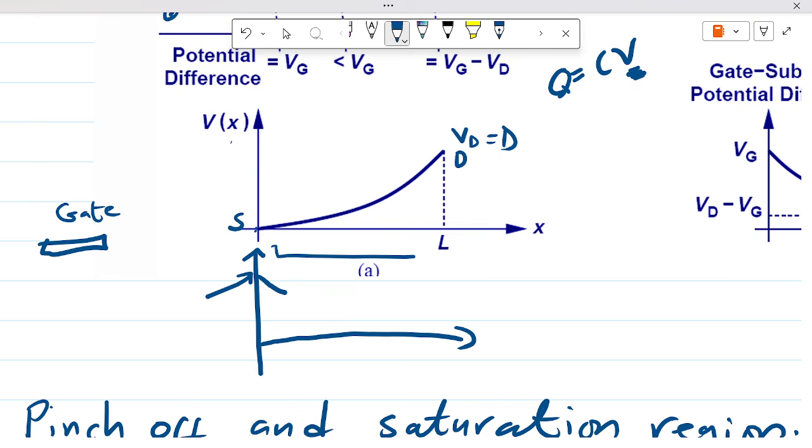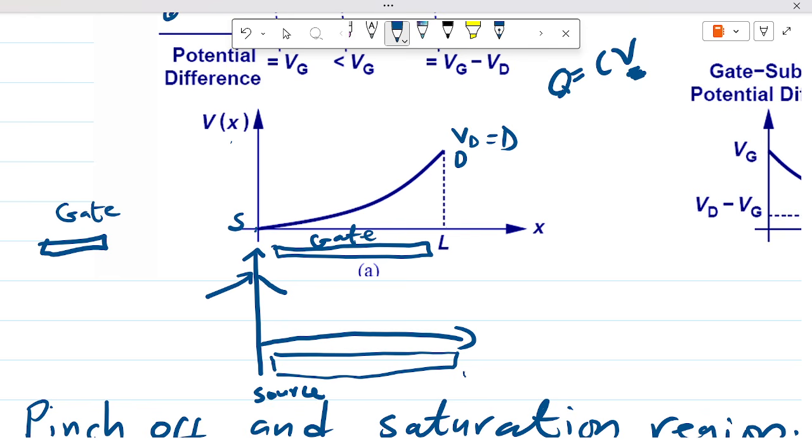If I draw the gate here, and the source to the drain, then the potential difference across this side will be the same as the gate voltage, which I just put as 2.7 there. And that means I'm going to get more charges.